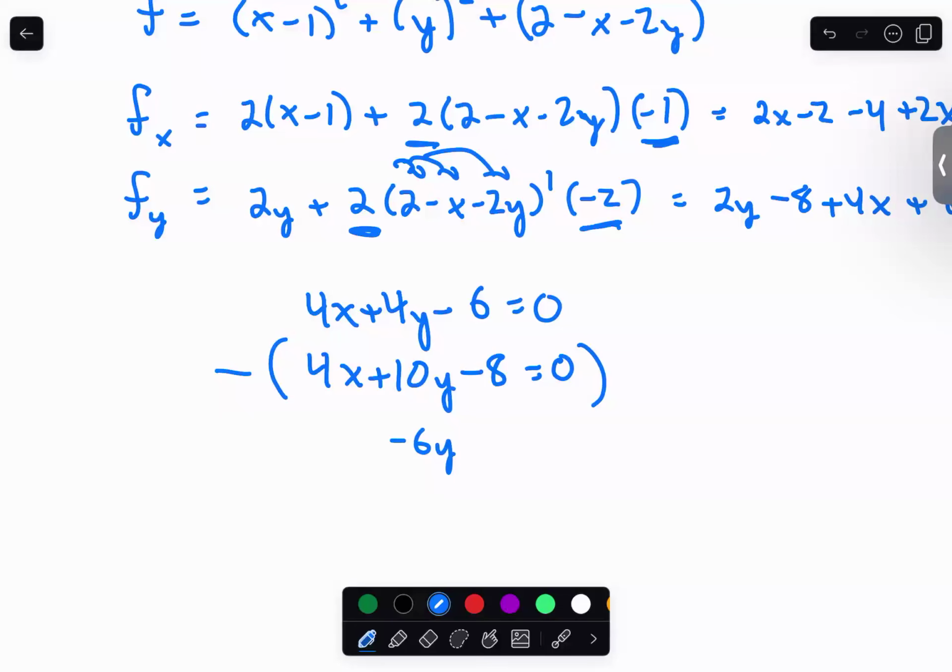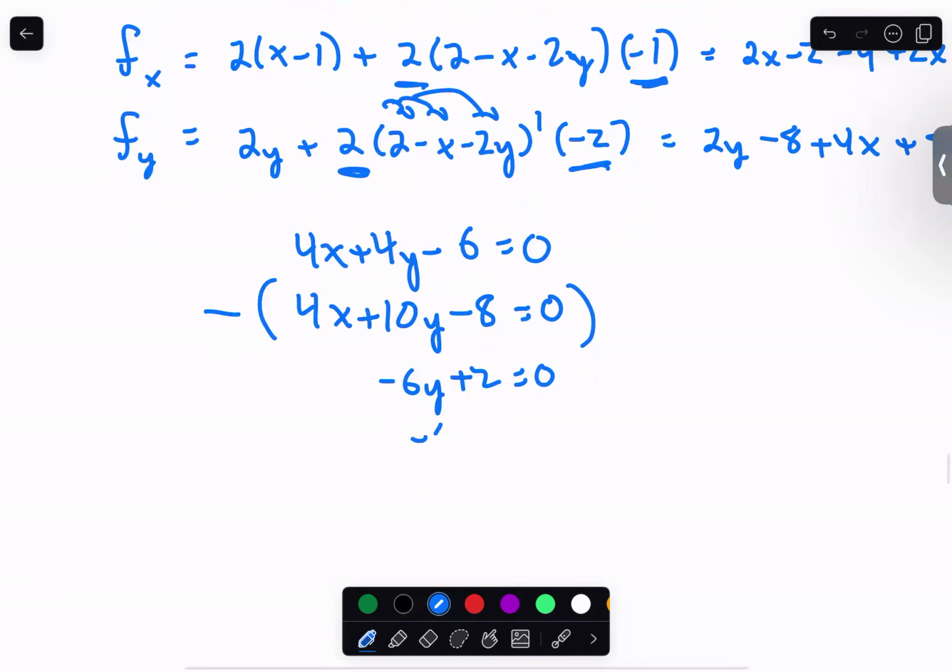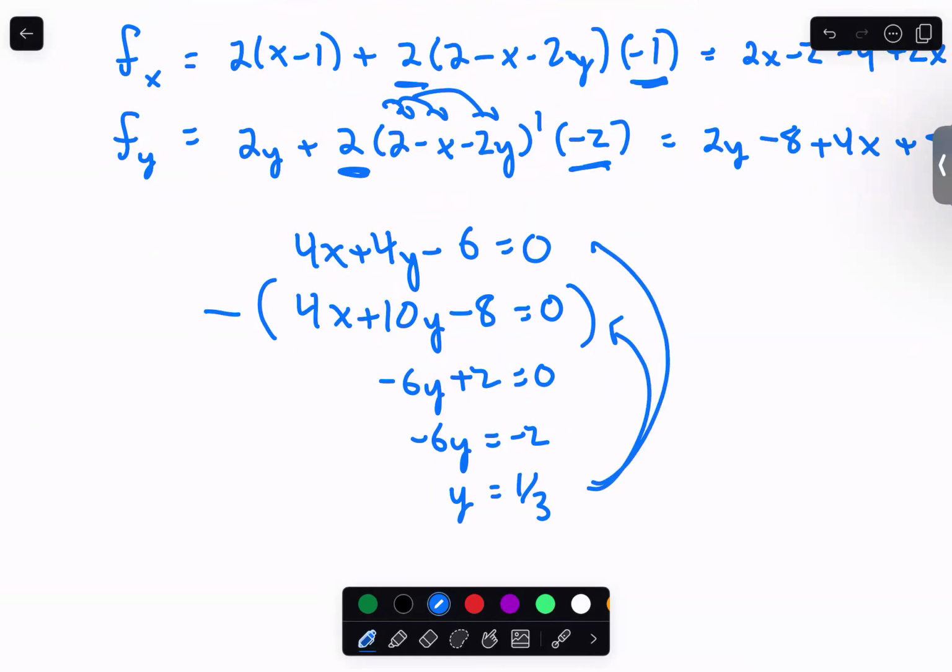Negative 6 minus a negative 8, so that's going to be plus 8, so it's going to be plus 2. And so we're going to have negative 6y is equal to negative 2, or y is equal to 1/3. Once we have that, we can plug into either one of these equations. And that's going to give us our x value.